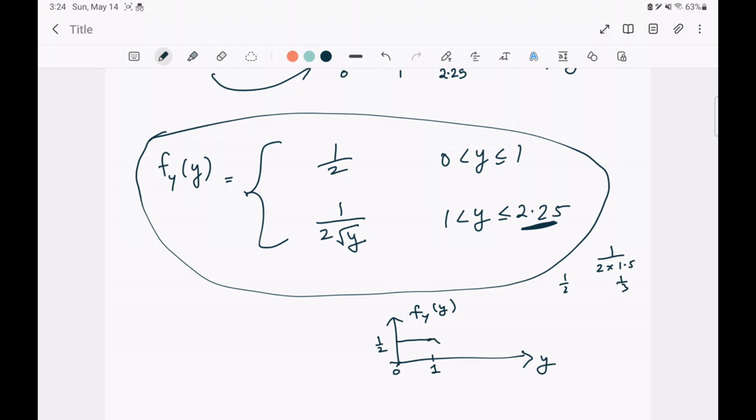So this would decrease till 1 by 3 at small y equals 2.25. Hence the probability density function of y looks something like this, where this is 1 by 3 and this is half.